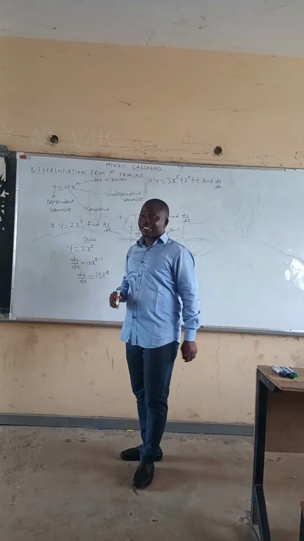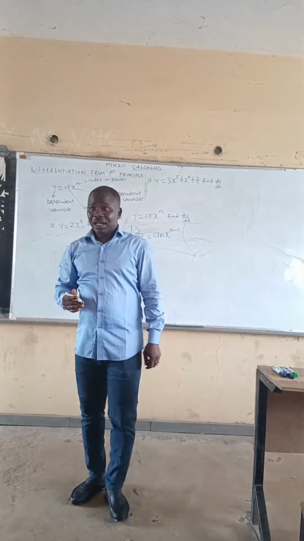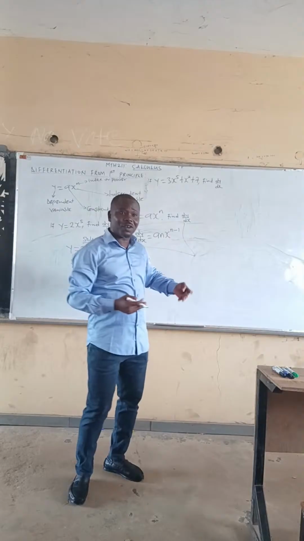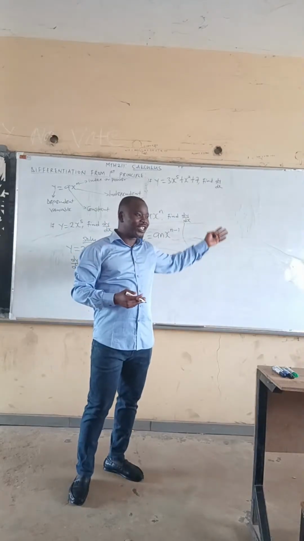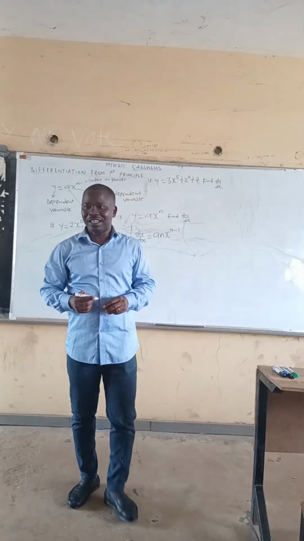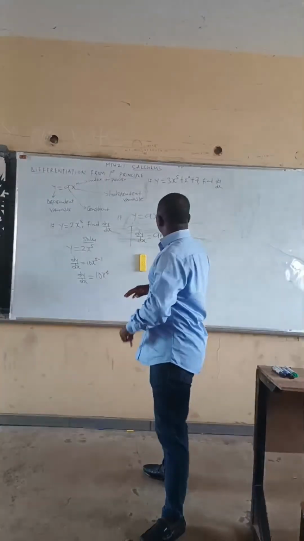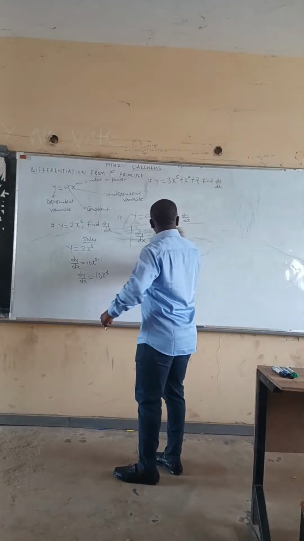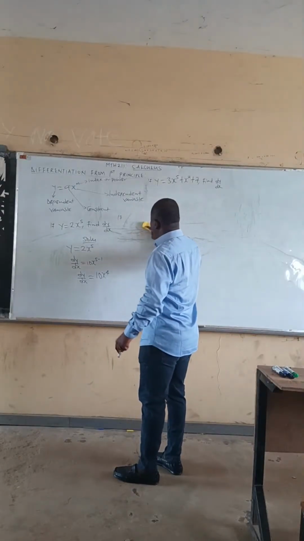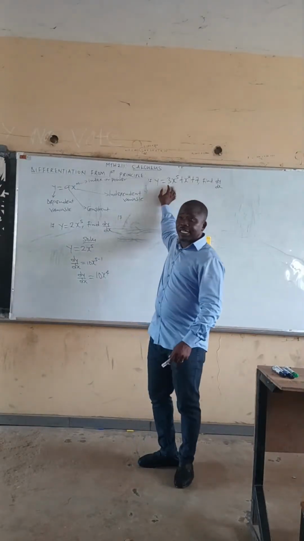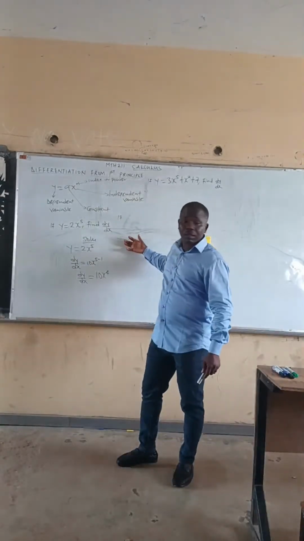Do you know that it's as simple as ABC? I want us to have the knowledge before we go ahead to differentiate from first principle. Is that clear? Do you understand? Are you following? Okay. So now, you don't need a prophet to tell you the answer as long as this formula is concerned.